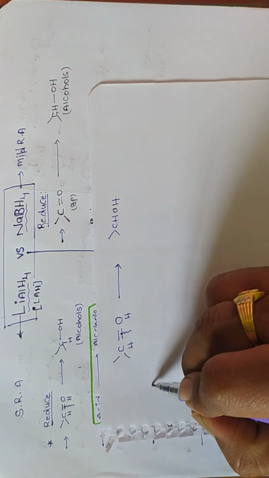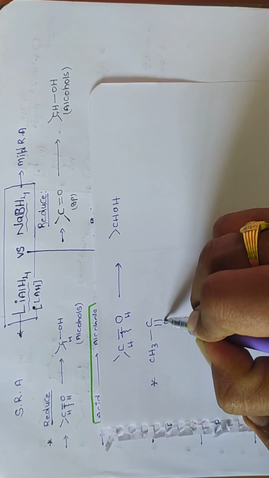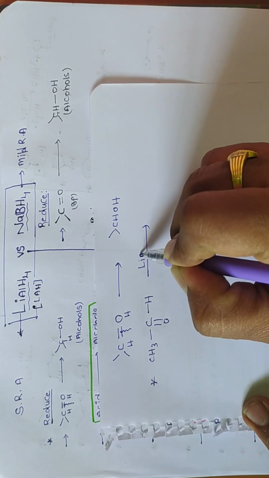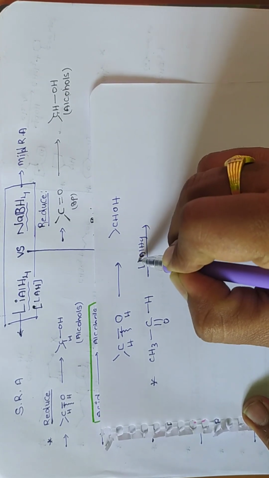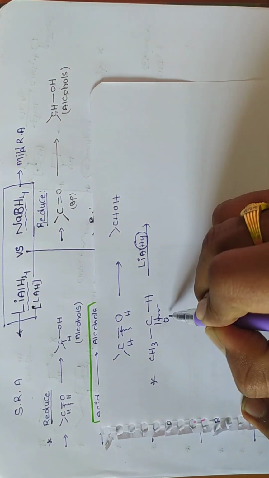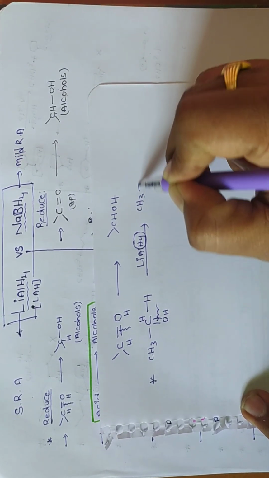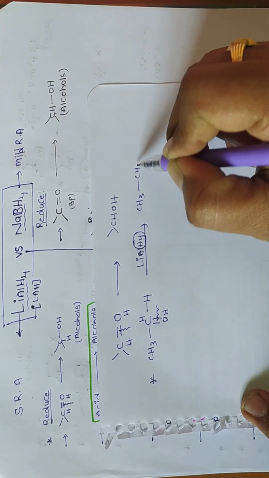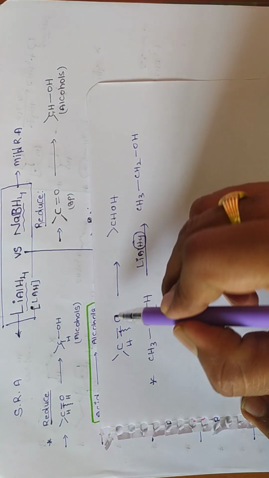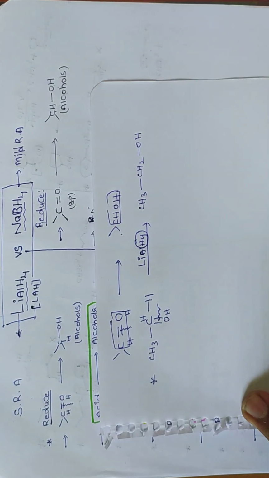For example, when we take acetaldehyde, C double bond O, whenever they give lithium aluminium hydride, it provides hydride ions that will be added here. Then we are going to get CH3CH2OH. Like this the C=O group is converting into an alcohol group. Just the C=O group is converted into alcohol, and the remaining groups are as they are.